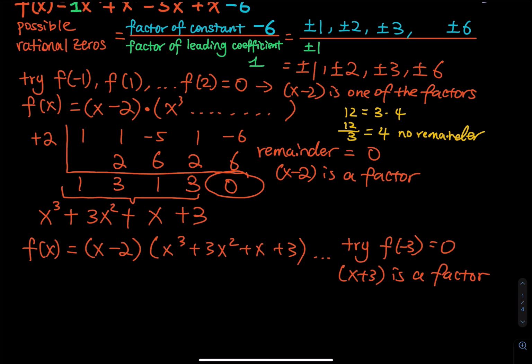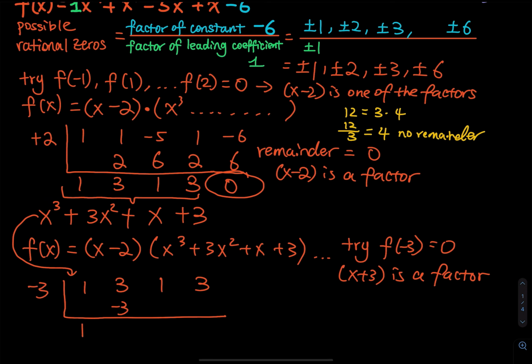And then you will take this right over here, and then you will perform another synthetic division that is 1, 3, 1, 3, right? And then the factor is x plus 3, then this will be a -3. Then you will put a -3 right over here, pull the 1 down, 1 times -3, add them, 0 times -3, 1 plus 0, 1 times -3, -3 plus 3 is equal to 0.